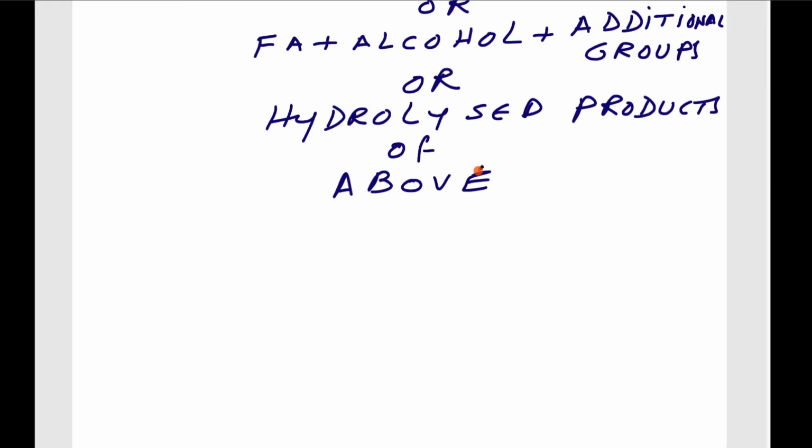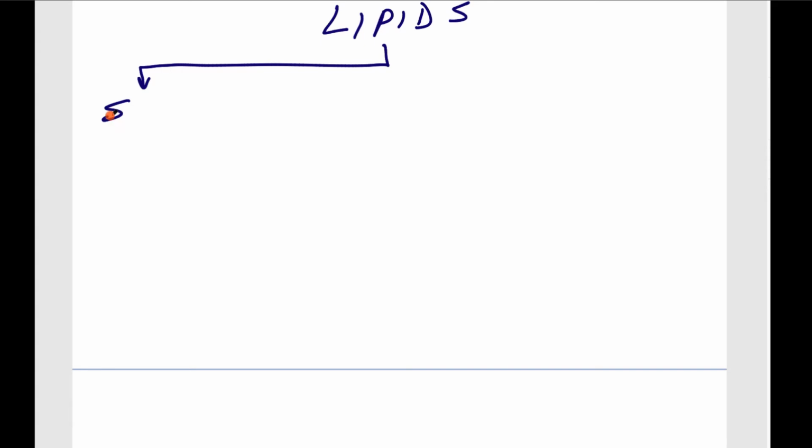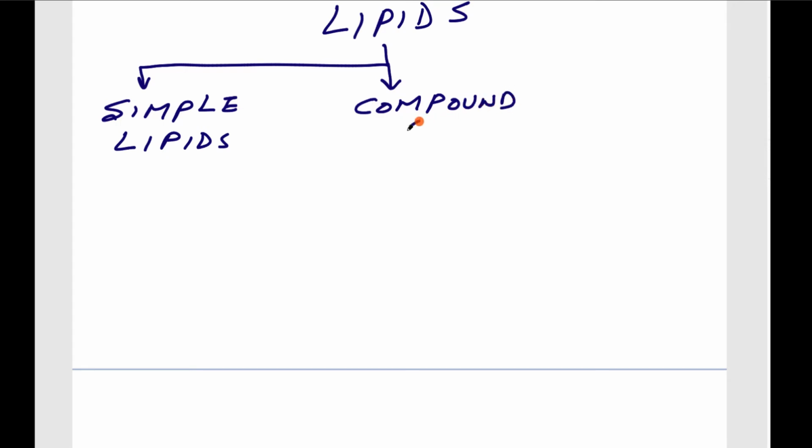Now we'll take up the classification of lipids. Lipids can be classified into 4 groups. What are those 4 groups? The first one is simple lipids. The second one is compound or complex lipids.